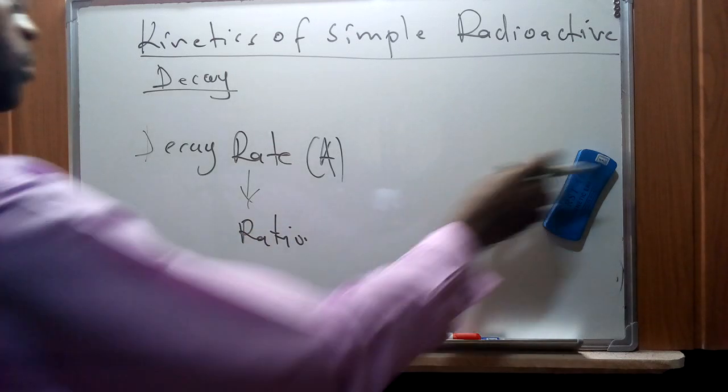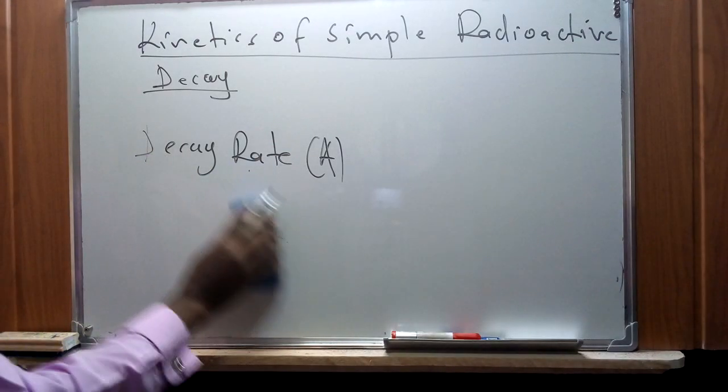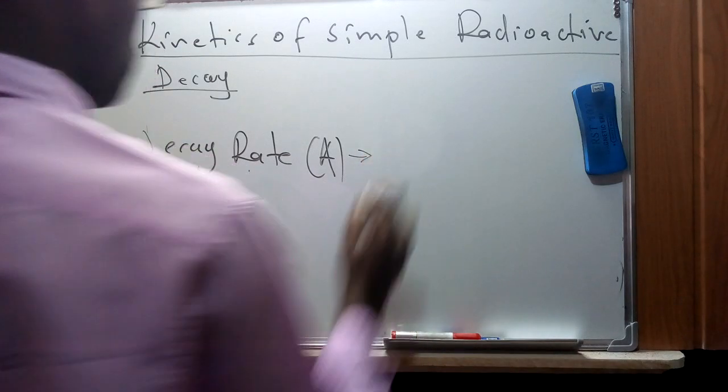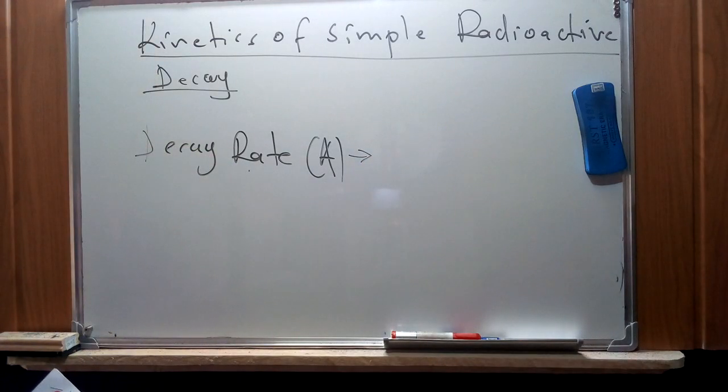So we can define decay rate as the rate of disintegrations per unit time. And we are going to see different ways in which we can measure decay rate or how it can be represented.